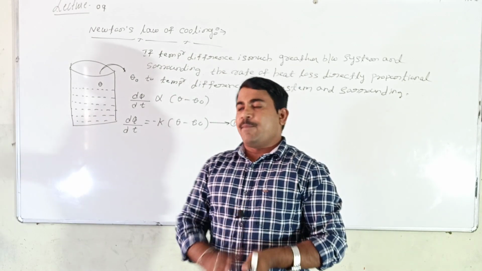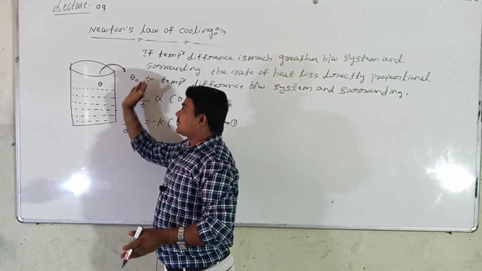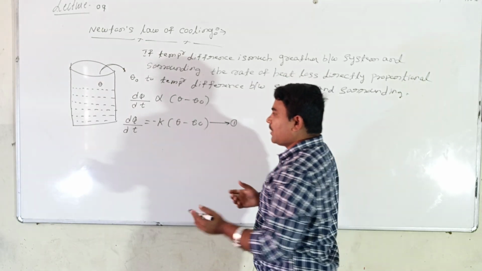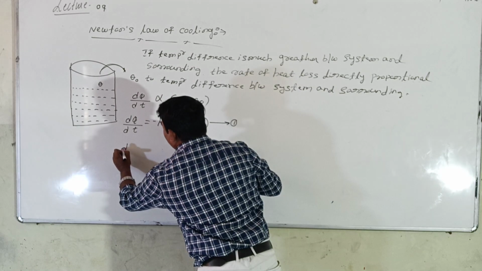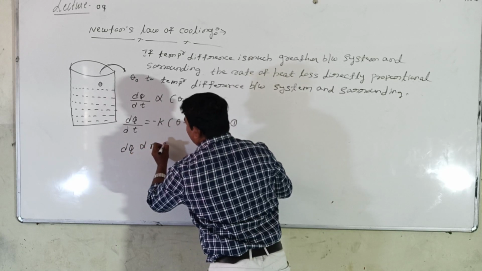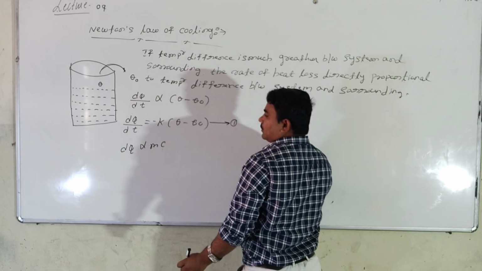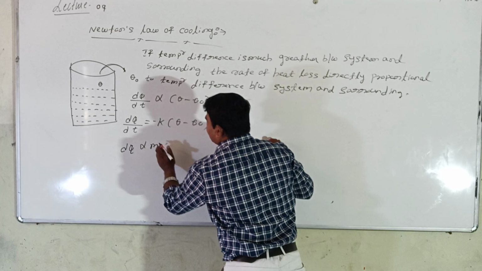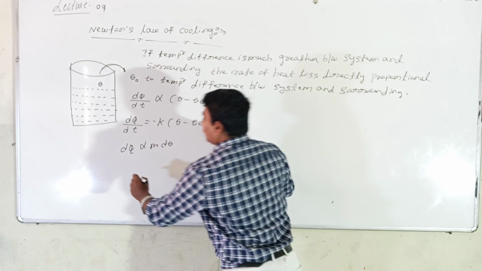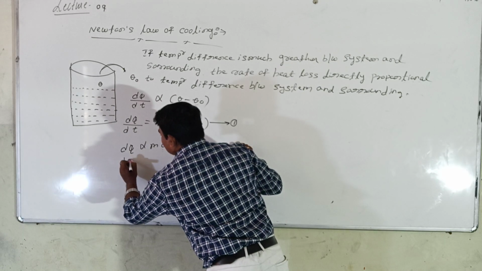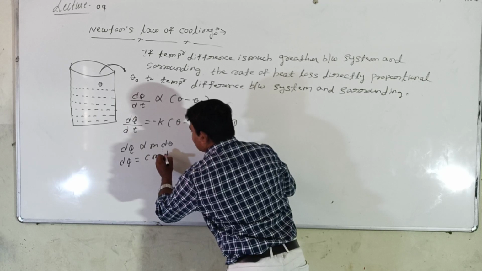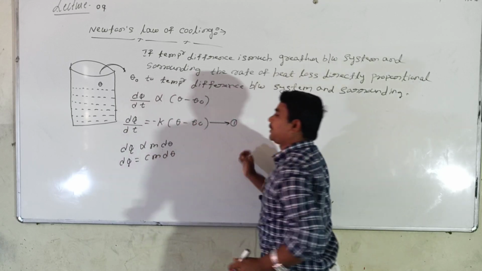But the amount of heat transfer from system to surrounding, we know how. The amount of heat transfer dq is directly proportional to mass and directly proportional to temperature difference. I will take d theta, so the amount of heat loss equals mass into specific heat capacity into change in temperature.